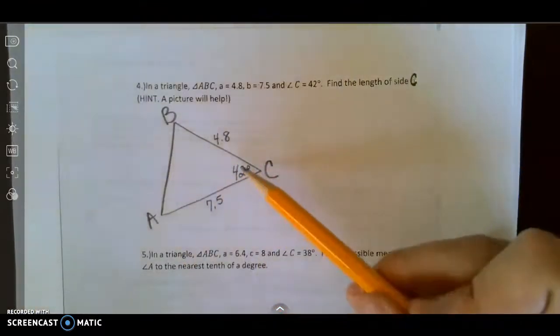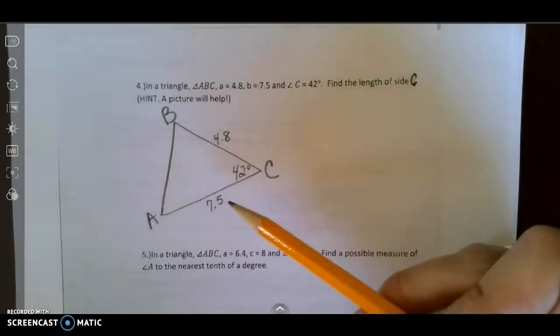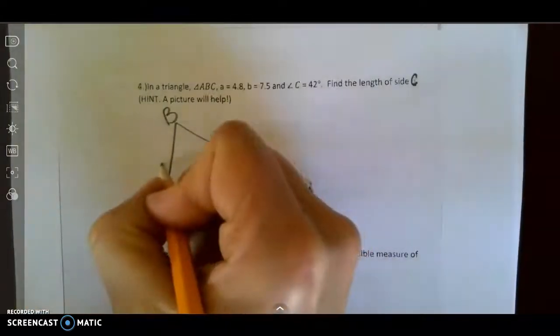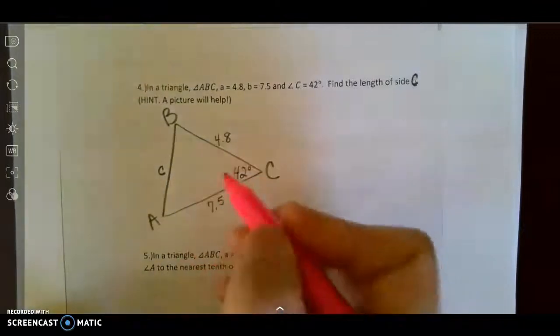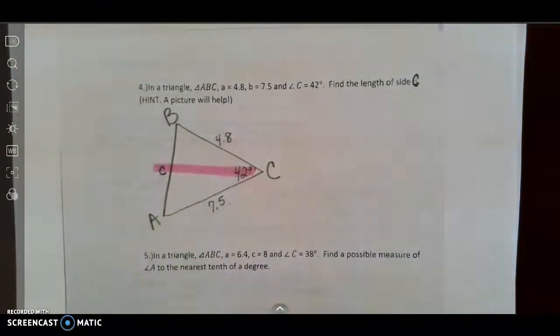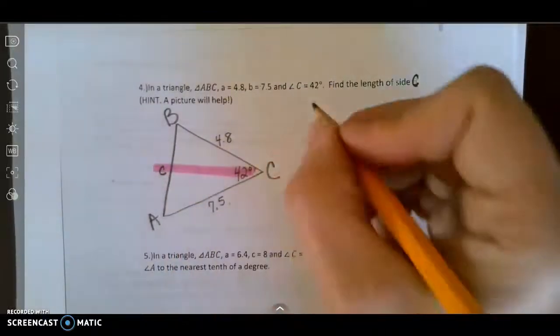Whenever I have side, angle, side, this is when I want to use law of cosines. So I'm looking for side C. This is the side I'm looking for. So this is the angle on the side across from it that I highlight. So this is the side I don't know.